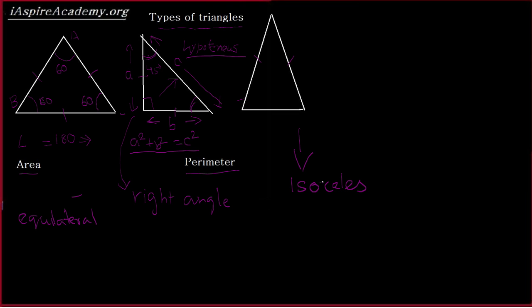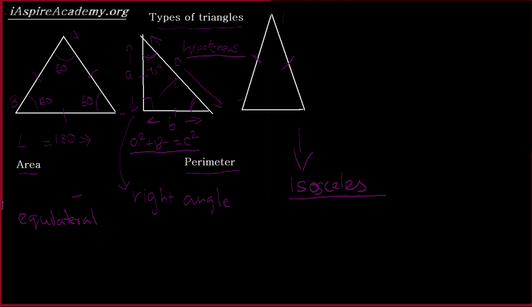I think I've spelled it a little wrong; the spelling of isosceles is I-S-O-S-C-E-L-E-S. The property of an isosceles triangle is that the lengths of any two sides are the same.